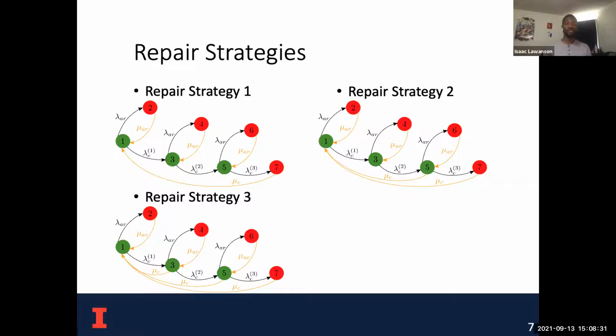But for repair strategy 1, we fix the rectifier if the capacitor has completely failed. For repair strategy 2, we fix it if it has completely failed or if it has reached 0.35 of its nominal value. And for repair strategy 3, we fix it if it has reached 0.97, 0.935 of its nominal value, or if it has failed.